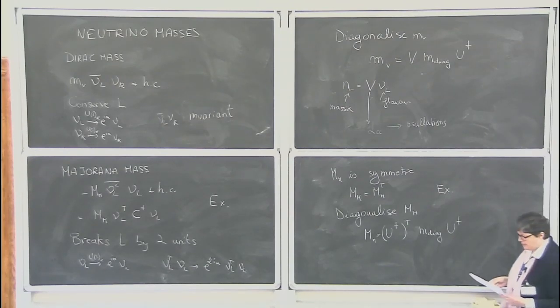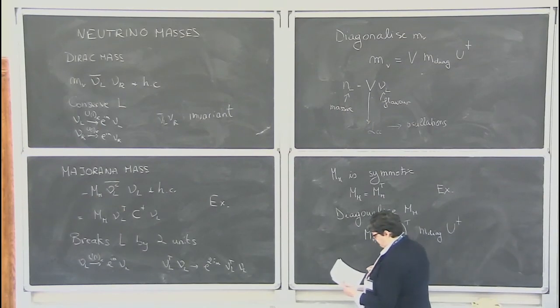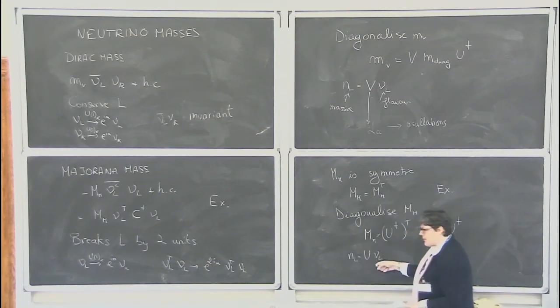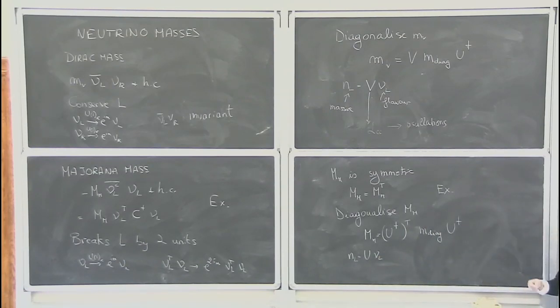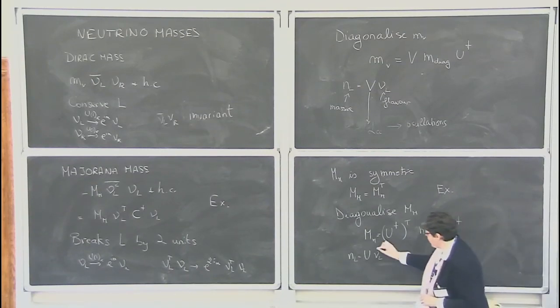And then again, I can write down N left as U ν left. These are the massive fields, these are the flavor fields, and then from there U enters into the charged current Lagrangian, and from there into neutrino oscillations, and I can try to match observations with theoretical predictions. Sorry, this is a dagger.